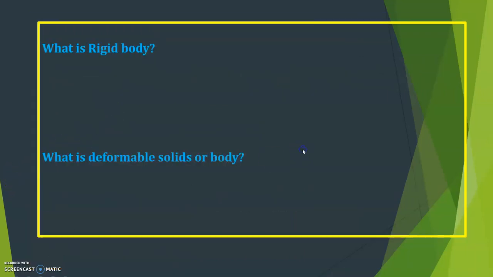Okay, so mechanics of solids is also called as mechanics of deformable solids. So first we will see what this deformable is. See, mainly there are two types of body or structures. The first one is rigid structure or rigid body, and the second one is deformable solids or deformable body.